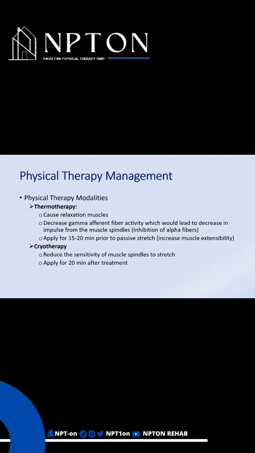It should be applied for a 15 to 20 minute period with passive stretch. Cold application to a spastic muscle for 20 minutes can help to decrease spasticity by reducing the sensitivity of the muscle spindle to the stretch.